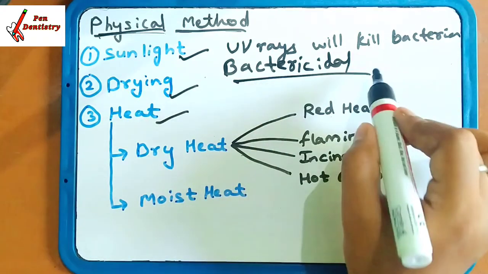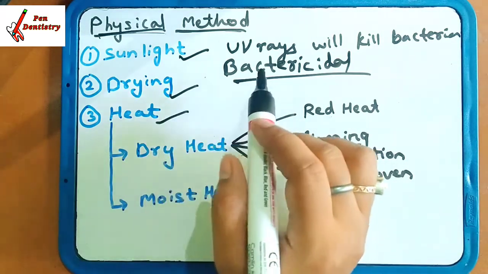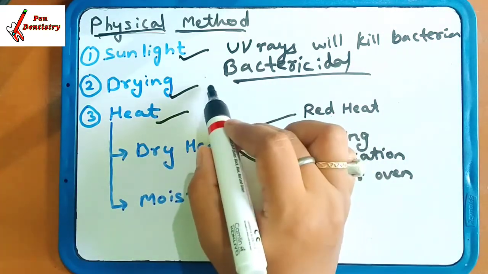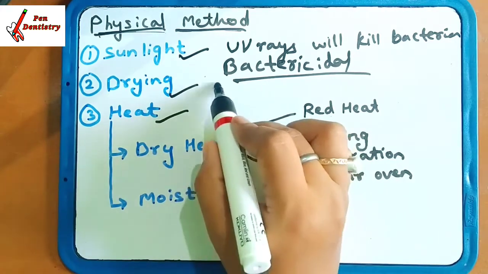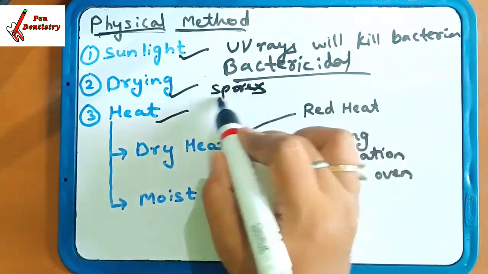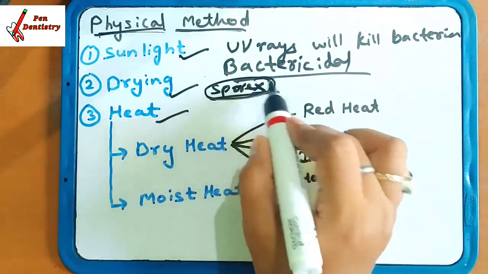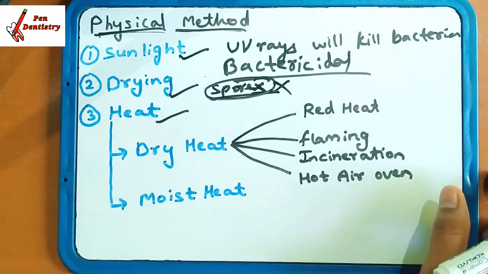In drying, what happens? It kills many bacteria, but spores remain unaffected. And the third one is heat.